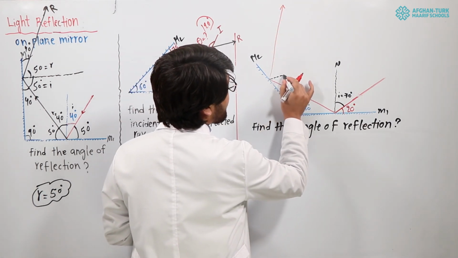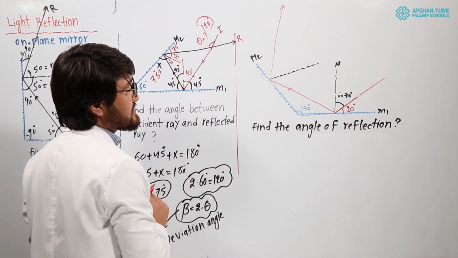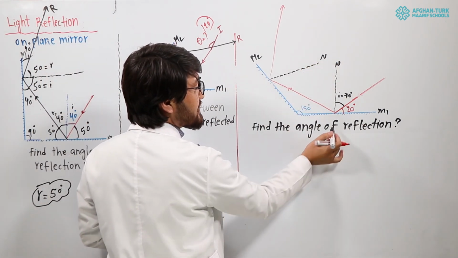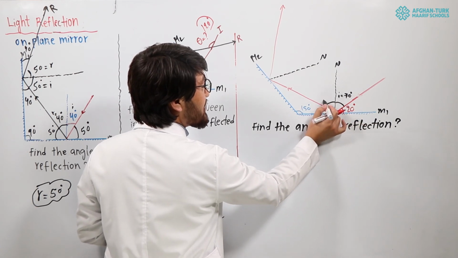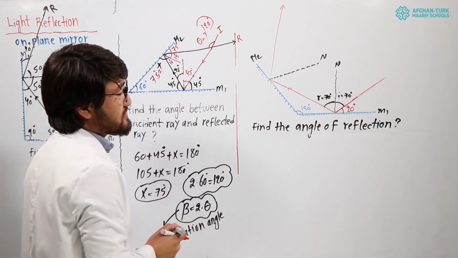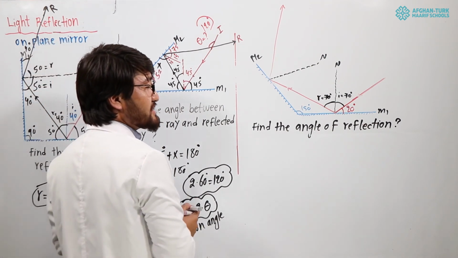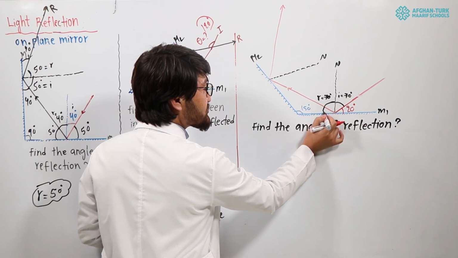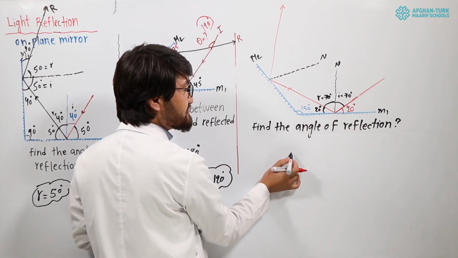Here also I will draw a normal. Okay, let me determine the angle. It is I, it is also R, R is equal to I, it should also be 70 degree. This angle is 70, this angle should be 20 degree, that make 90.